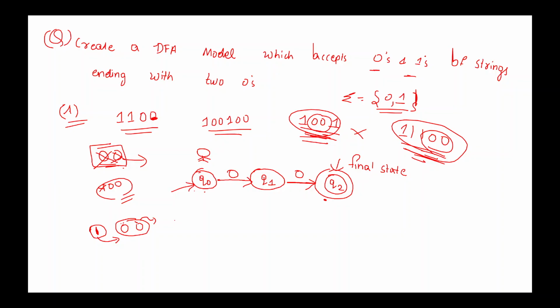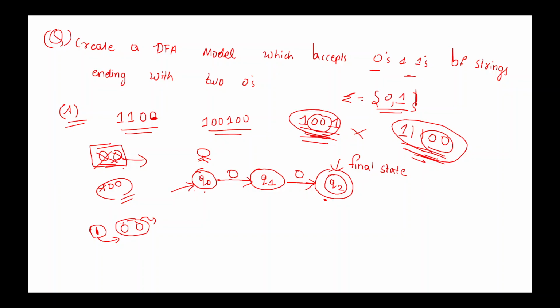For more clarity, now I have to define q0 on 1. When q0 receives 1 as the input symbol, I have to make the transition in such a way that when the other states receive two zeros, it ends up at the final state.